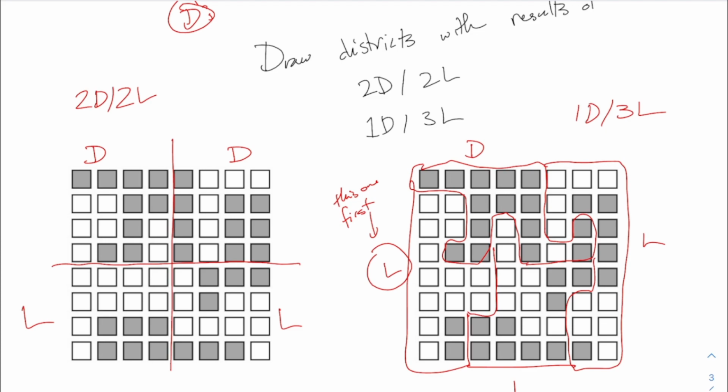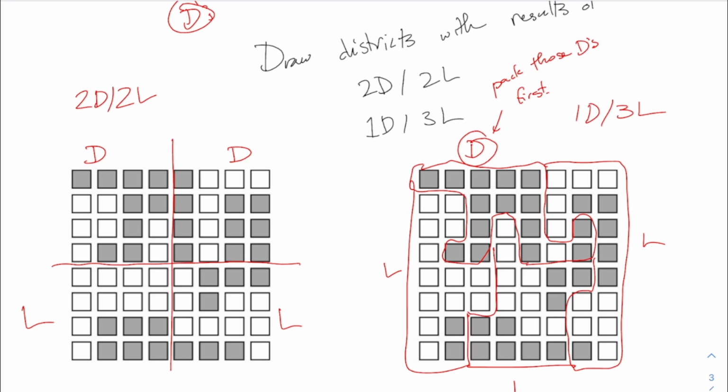That one happens to also be full of L's, but that's not how I did it, sorry. This one is what I picked first. Pack those D's first. And then once you pack one of them full of D's, there just aren't enough of the D's to win anywhere else. That's the idea. All right.